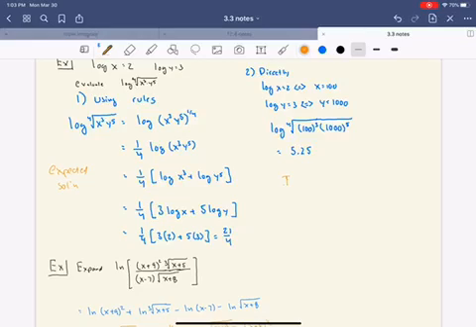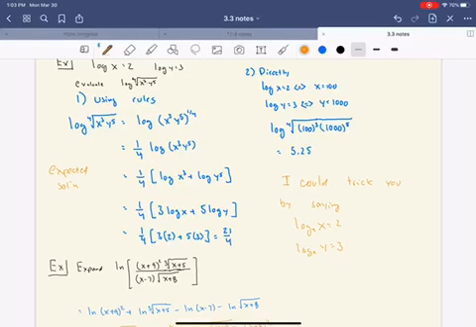Because I could trick you by saying log base a of x equals, let's say, 2, and log base a of y equals 3.